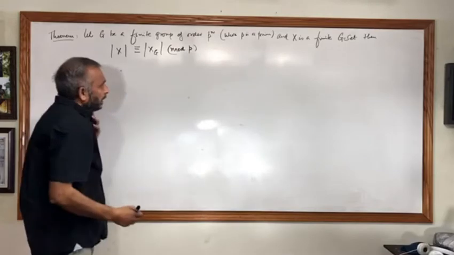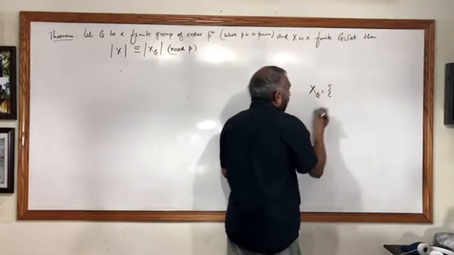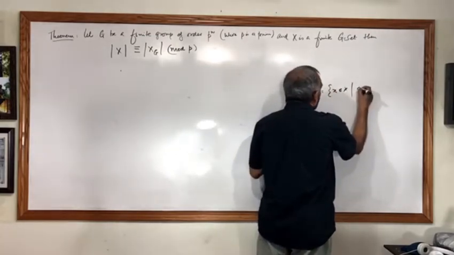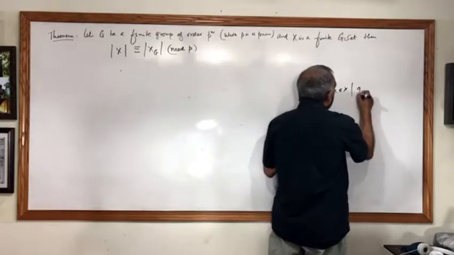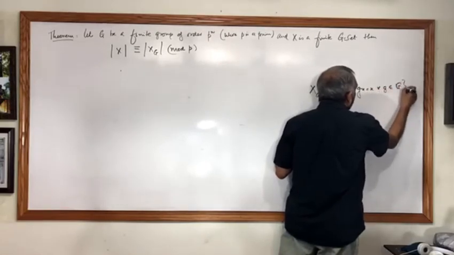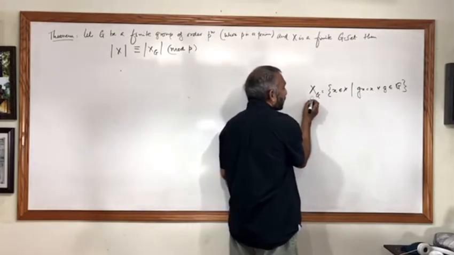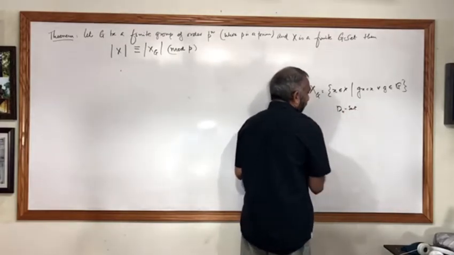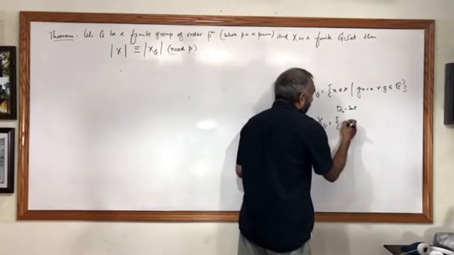This X_G is defined as elements x from X such that gx equals x for all g in G. So this means that it is an orbit that has got one element. In our D4 set, X_G contains only the point C.